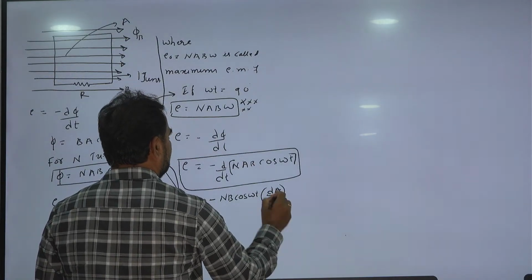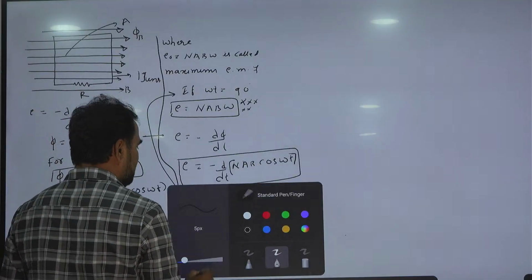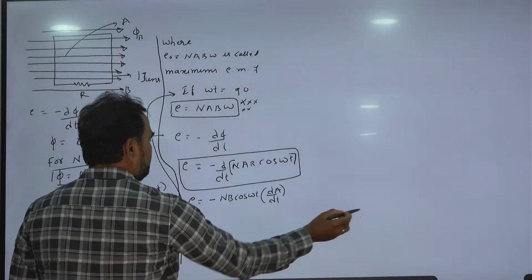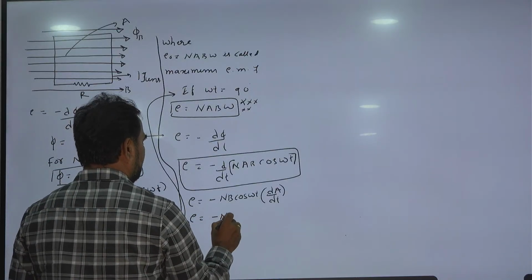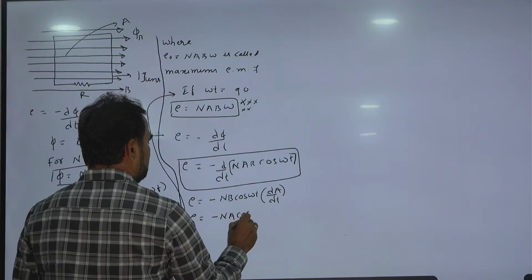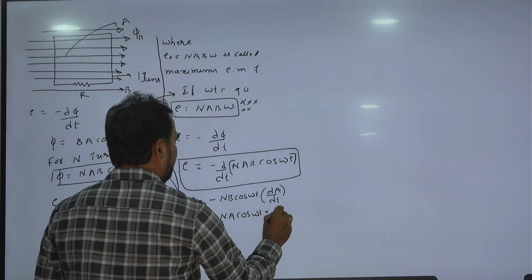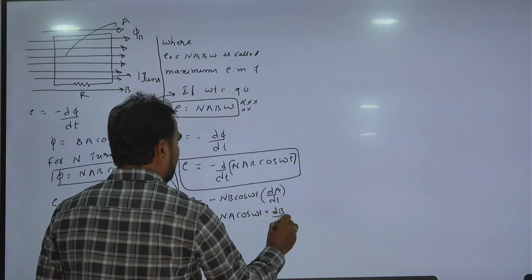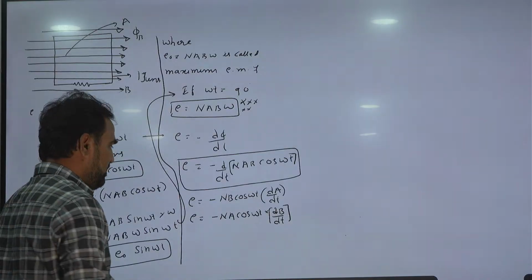If A changes, we have to write the equation like this. Suppose if the B changes, in the same scenario, E is equal to minus NA cos omega t into dB by dt. If the B changes, the equation is written like this.